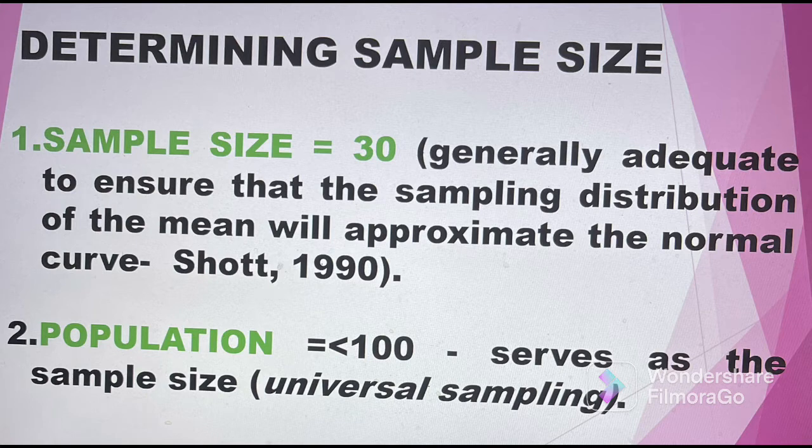We call this in statistics universal sampling. You include all the elements of the population as your statistics in your sample size.